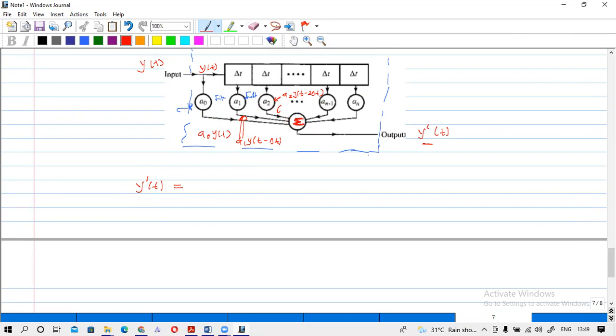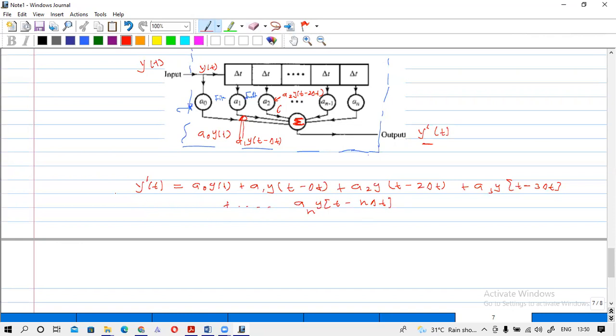So we have our first component a0 y(t) plus a1 y(t minus delta t) plus a2 y(t minus 2 delta t) plus a3 y(t minus 3 delta t) plus and so on up to an y(t minus n delta t).